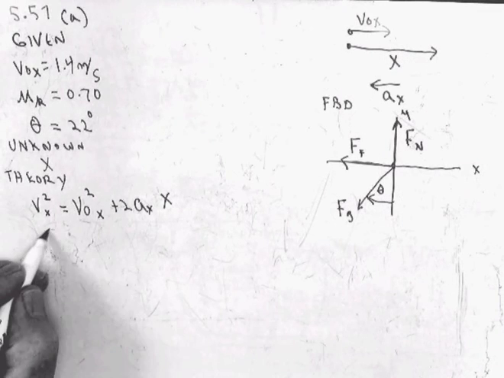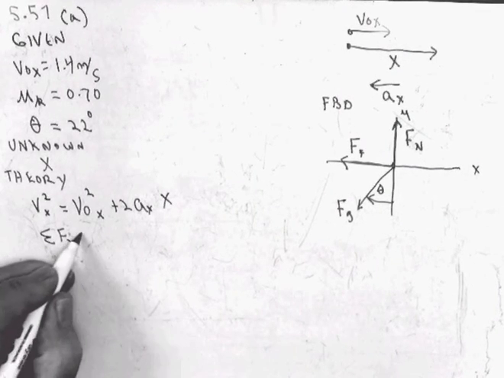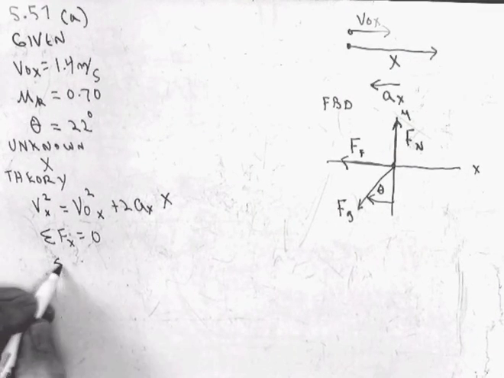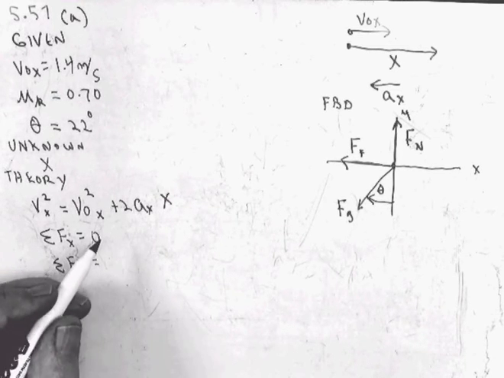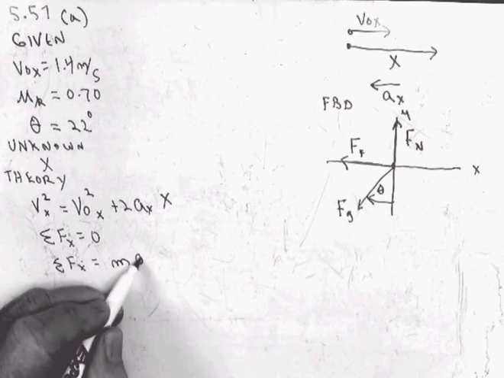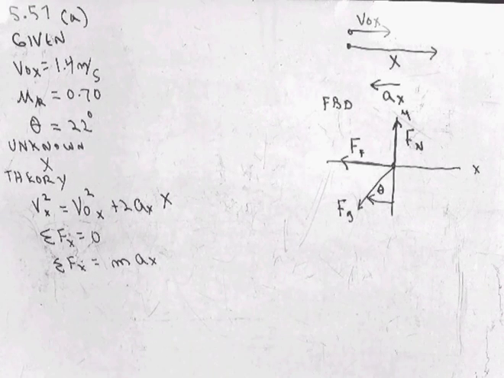Of course, we need Newton's laws. We know that the sum of the forces in the y is equal to 0, but the sum of the forces in the x must be equal to the mass of the block times acceleration in the x.